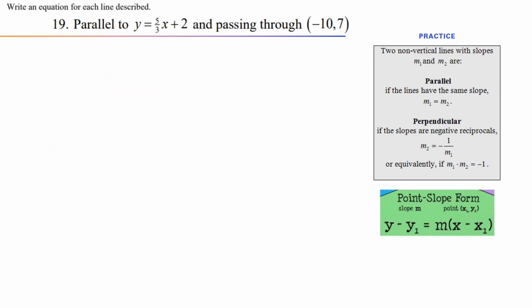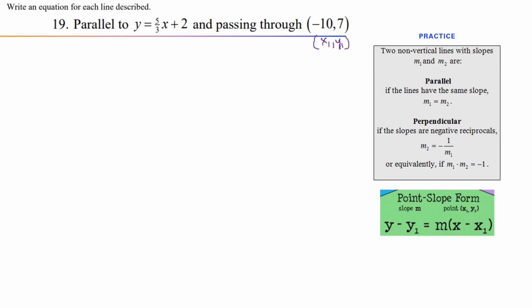Alright, so question 19 is about a parallel line. The equation we want to find will be parallel to the equation y equals 5 over 3x plus 2 and passing through that point. So this is the given point, x1, y1, and this is the slope.